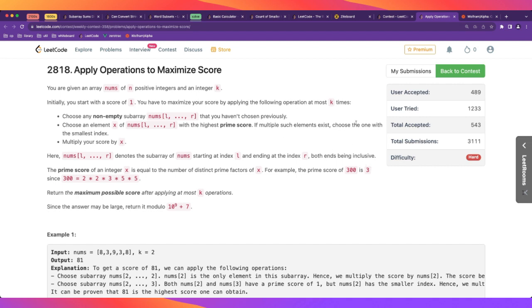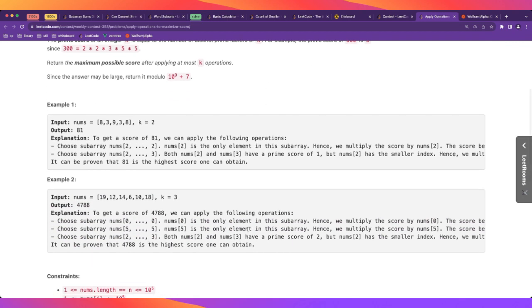And you have to be careful with this tie-breaking condition, but the structure of the solution is that we're going to go from largest to lowest, and we're going to figure out how many times we can use that value in the product, and we are going to multiply those many times and so on until we run out of operations, which depends on this k value. So that is the big observation in this problem.